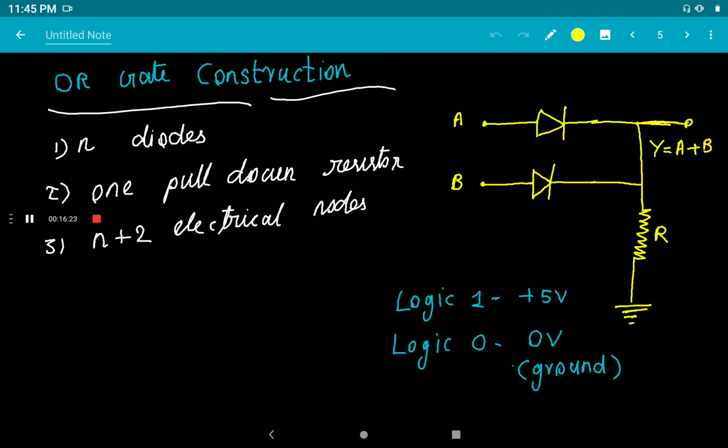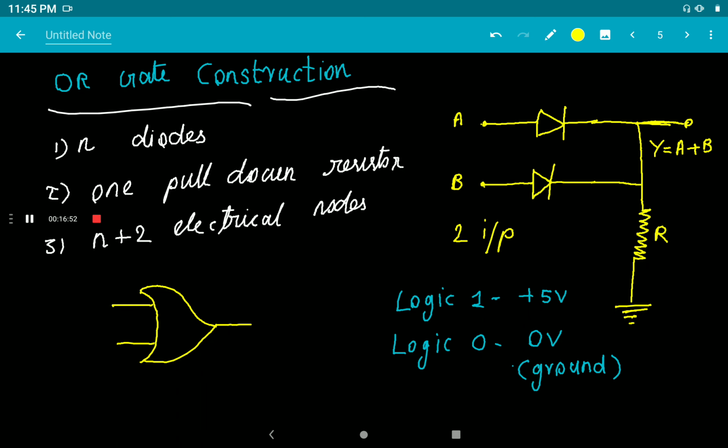To construct an OR gate, we have already studied this symbol. This is the OR gate. To produce an OR gate with n logic inputs, here you can see these are the two inputs, so here the input is 2. If there are two inputs, the circuit needs 2 diodes.